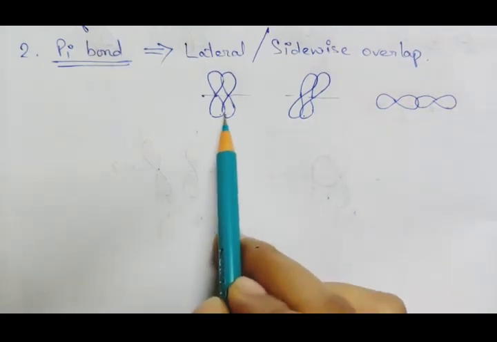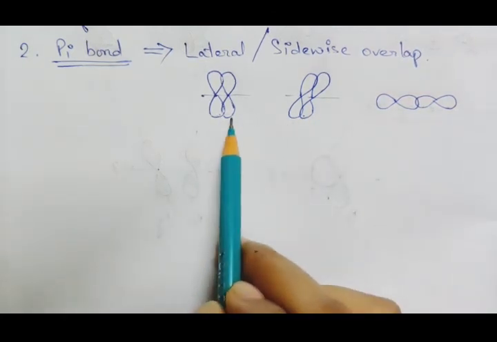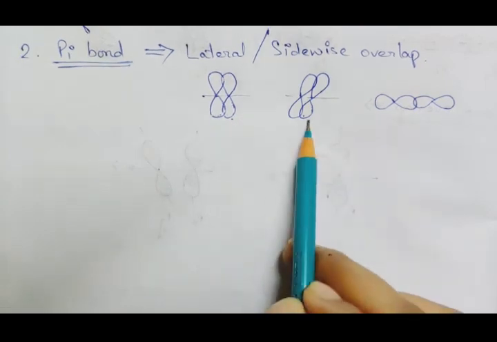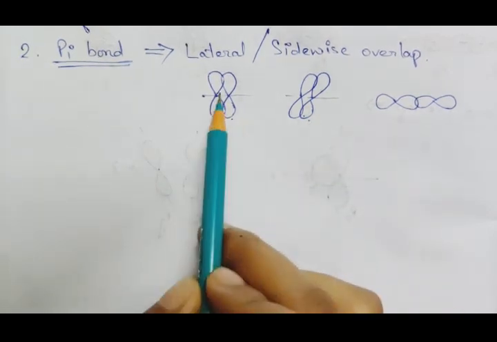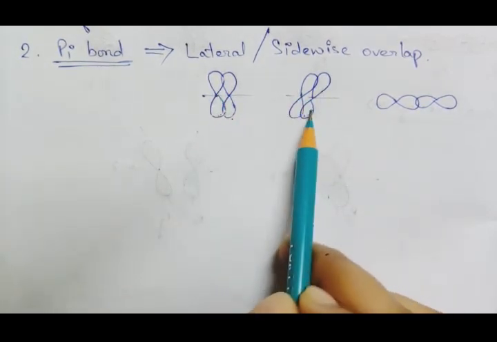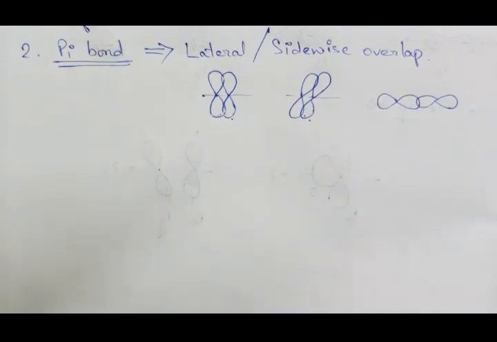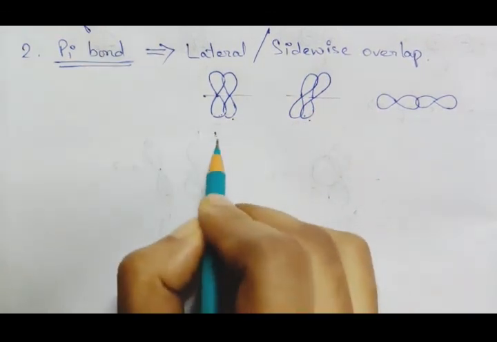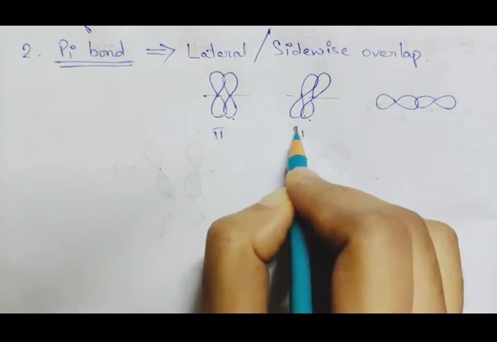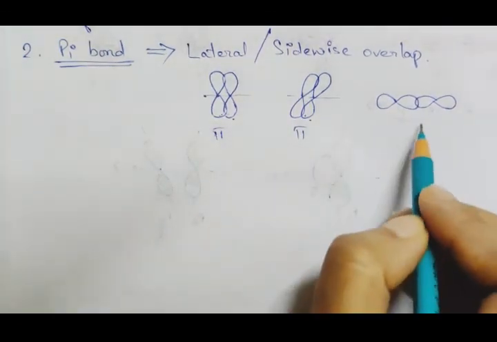But here, when the two separate px orbitals or py orbitals are overlapping, they are overlapping laterally, or the sideways overlap is there. So this gives rise to the formation of pi bond, not this one. This is the sigma bond.